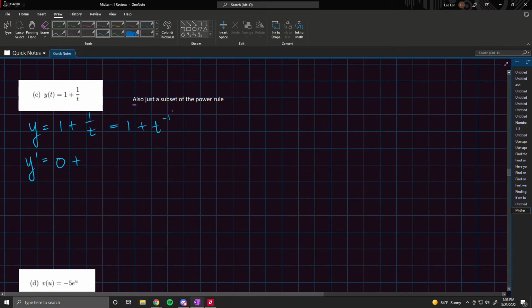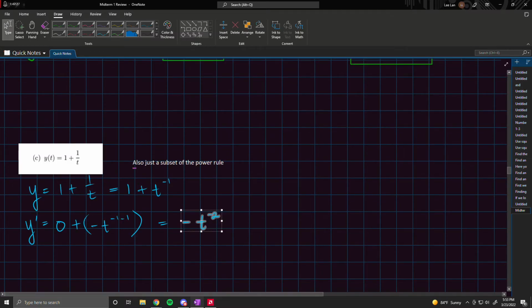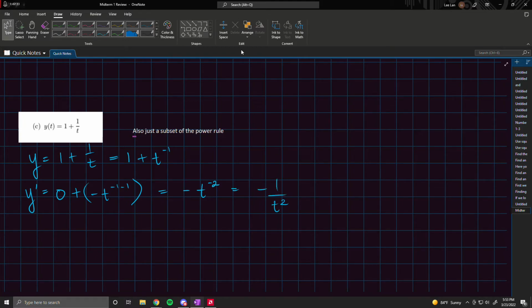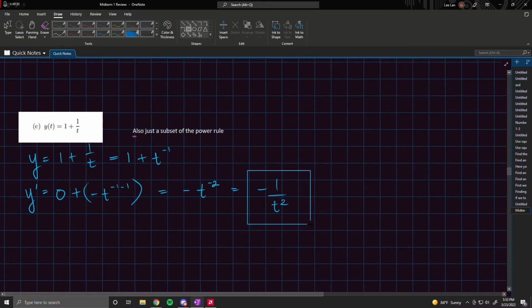And so I bring the negative 1 in front, negative, and then I subtract 1 from the power. So negative 1 minus 1. And so you'll get negative t to the negative 2. And then, just like before, we want to rewrite the answer in terms of what we started with. So we have negative 1 over t squared. That's the answer.